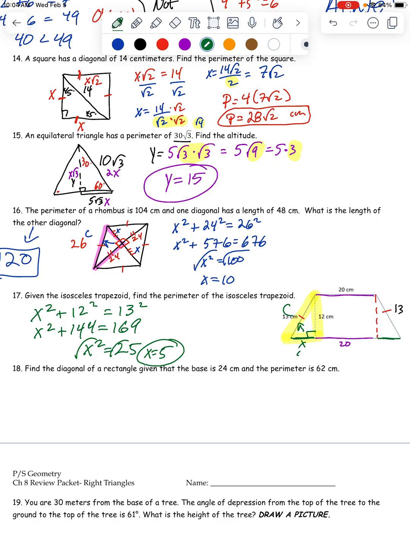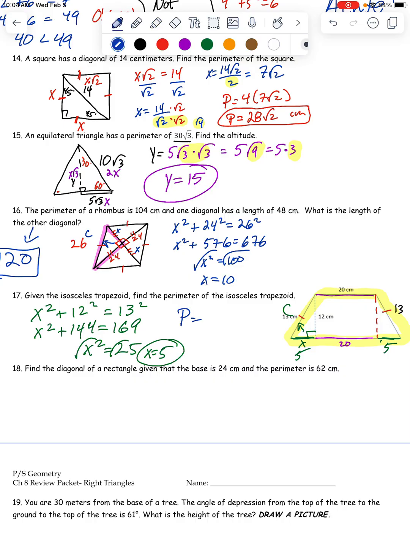Am I done? No. I know that this is 5 and this is 5. And I want to find the perimeter. Okay, so a common mistake here. I'm going to talk about some common mistakes. To find the perimeter, I add up all the sides, the outside of the shape. The outside of the shape is this.